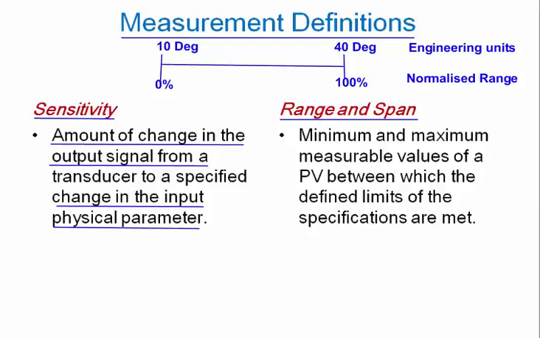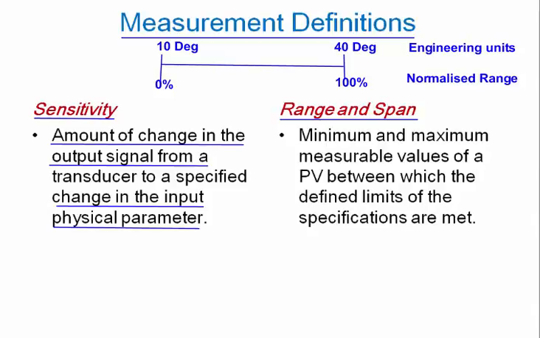It could be a 1 to 5 volt signal, things like that. What we then need to do is to work out what the sensitivity of the instrument is in terms of the range of a change in degrees for a change in the output or normalized range.